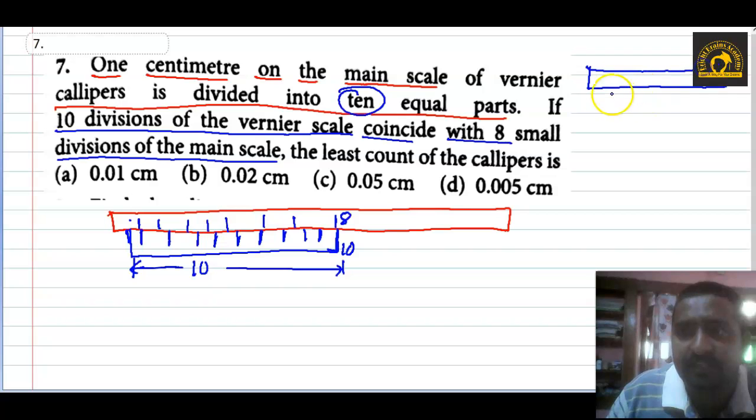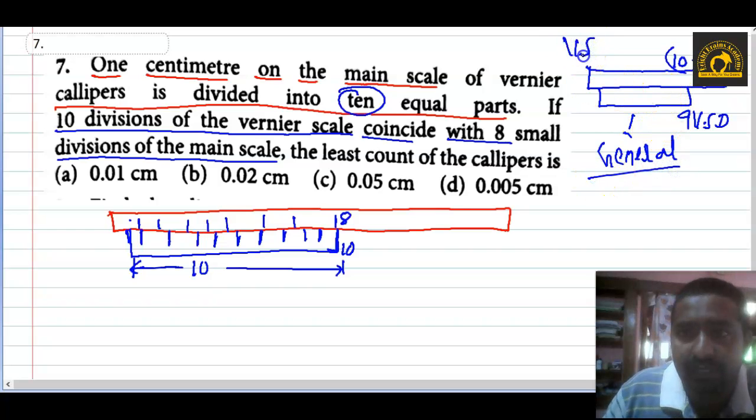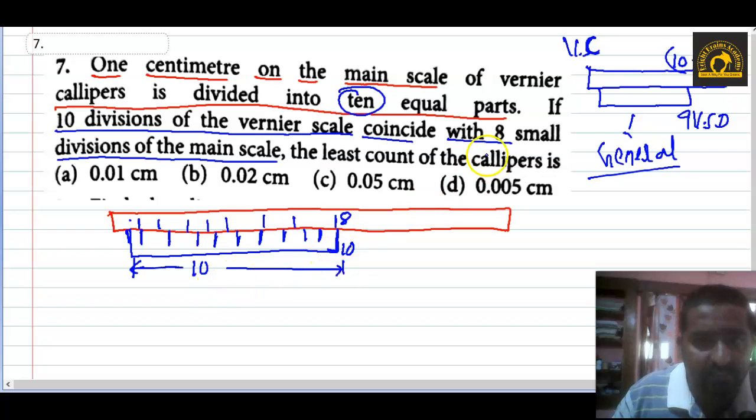This is the main scale, this is the vernier scale. The 9th division of the vernier scale coincides with the 10th division of the main scale. In general, this is the structure of the vernier calipers. But in this problem, the 8th coincides with the 10th division.